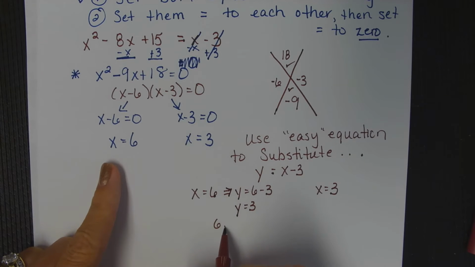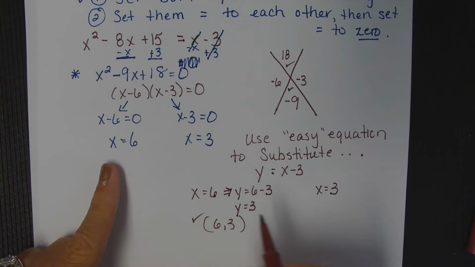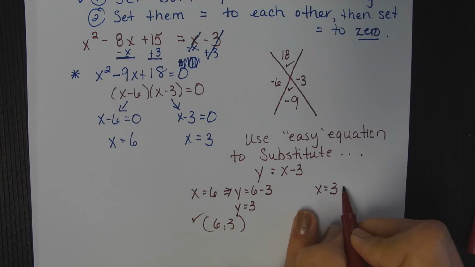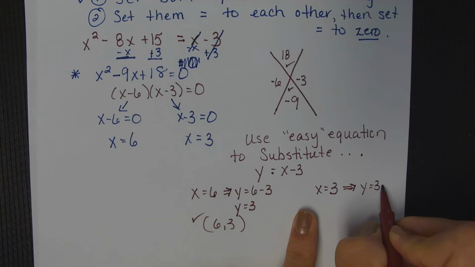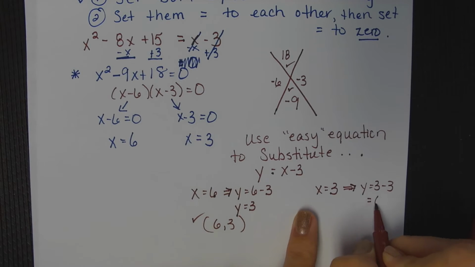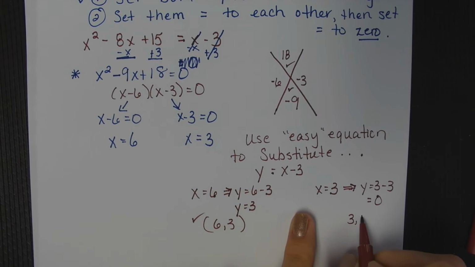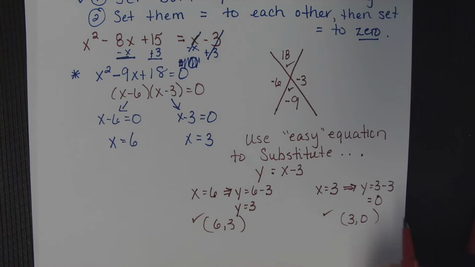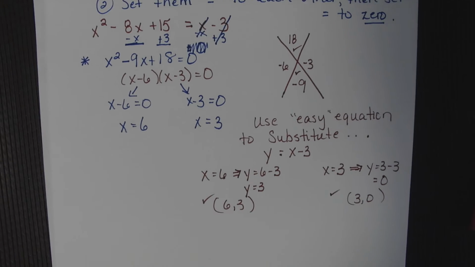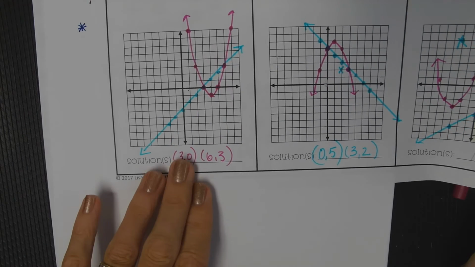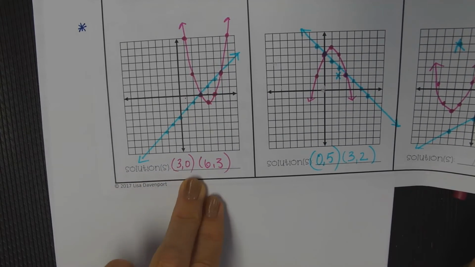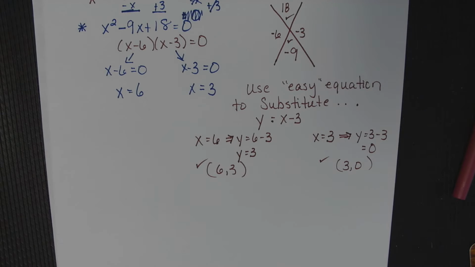So we have 6, 3. And over here, we have 3 minus 3. What is 3 minus 3? 0. So now we have 3, 0. And aren't these points the same 2 points we had here? Same answers, different way.